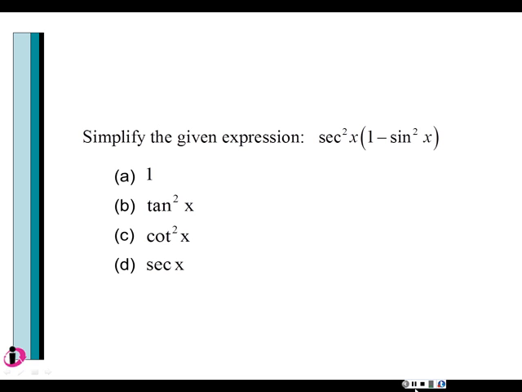Let's try it first with sine, cosine, and then I'll show you there are several other ways as well. Let's see whether we can find any clue just using sine, cosine.